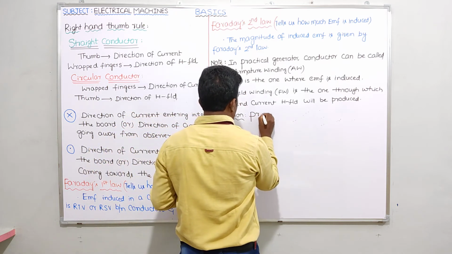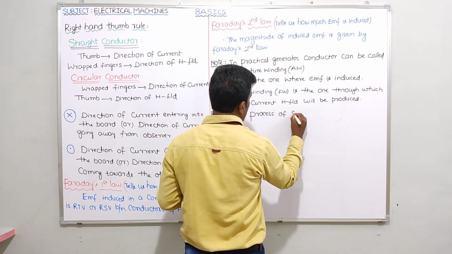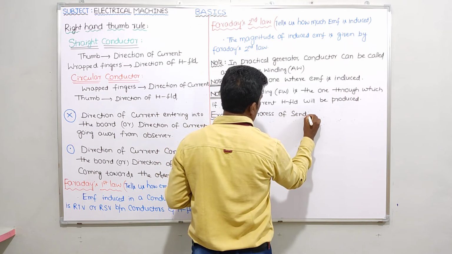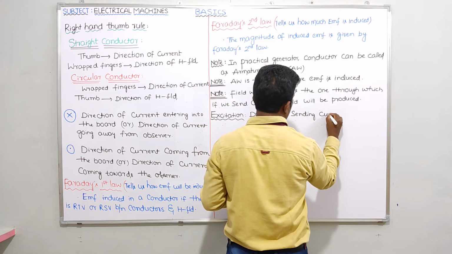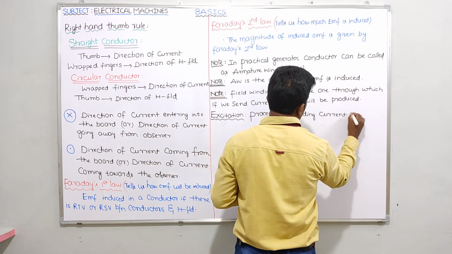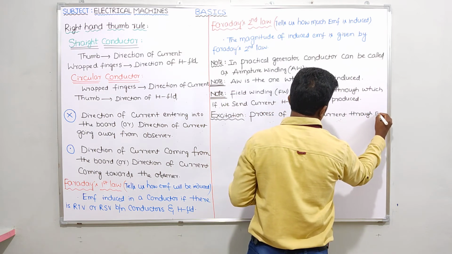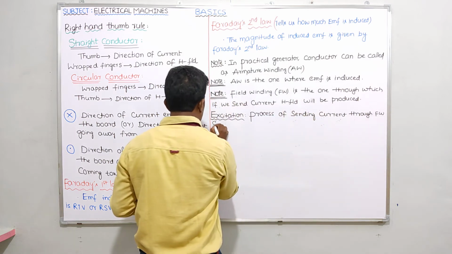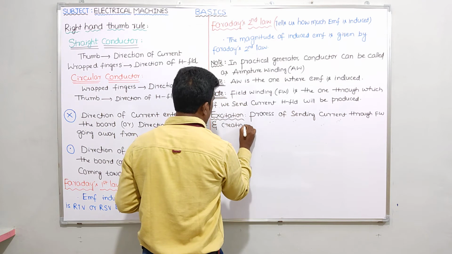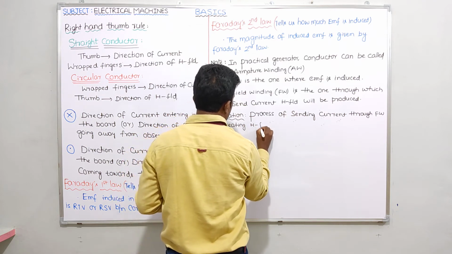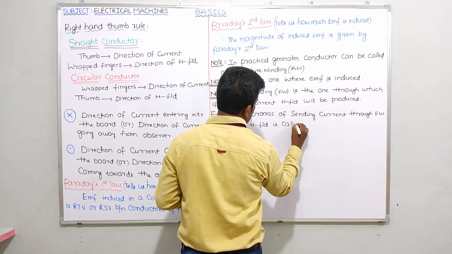Process of sending current through field winding and creating magnetic field is called excitation.